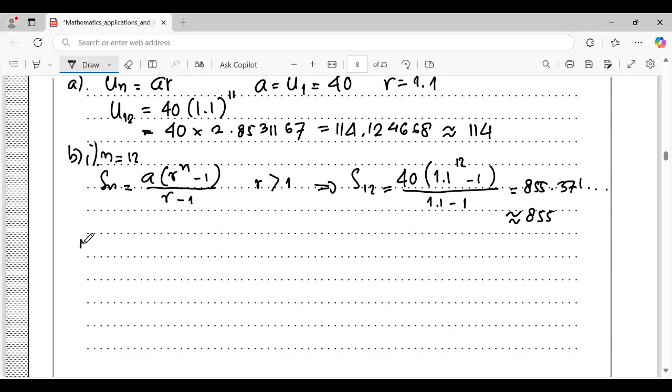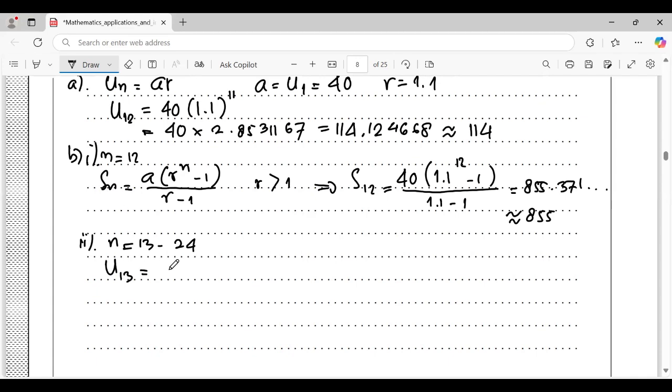Part two, as long as 2026. So it means n from 13 to 24. So we are going to find U13.